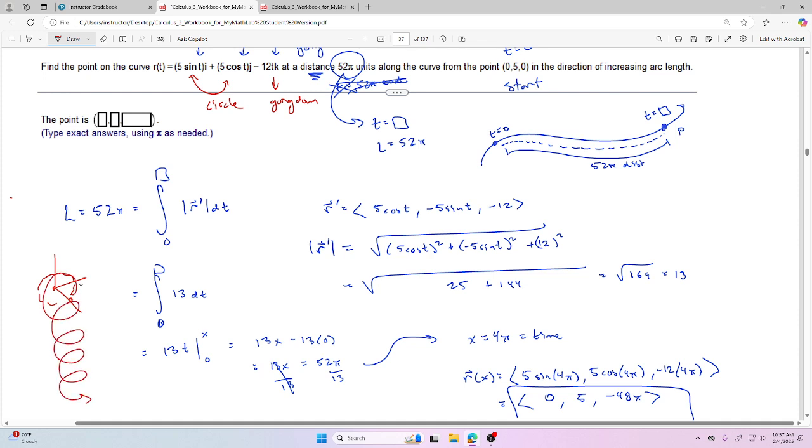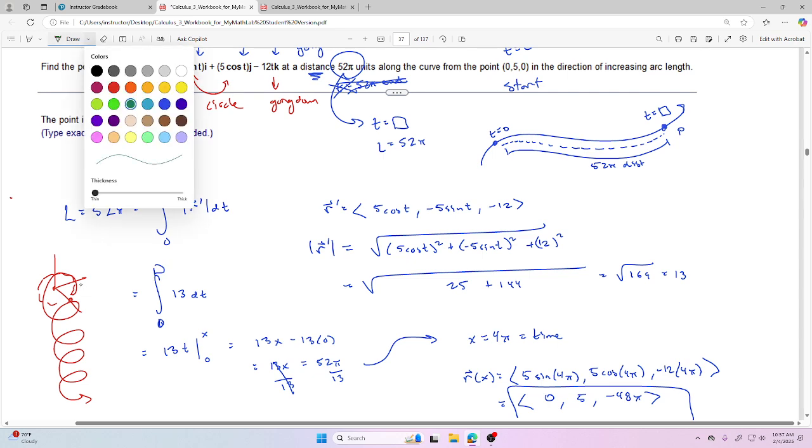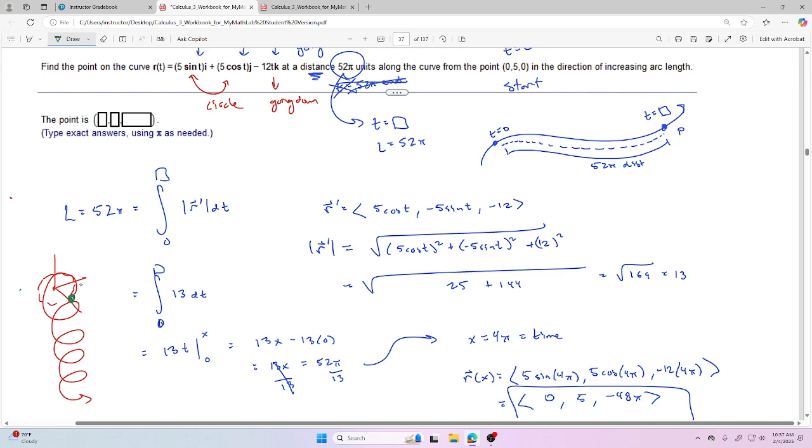Well, our point ended up being, there was the first, there's the second, oh no, that was 2 pi, this is 4 pi, right? 4 pi into it, this is 0, this is 4 pi. Look, it's literally on top of one another. That's why we have the 0, 5, 0, 5. Where was my initial point? 0, 5, there we go. So we started at 0, now I just went down a lot.